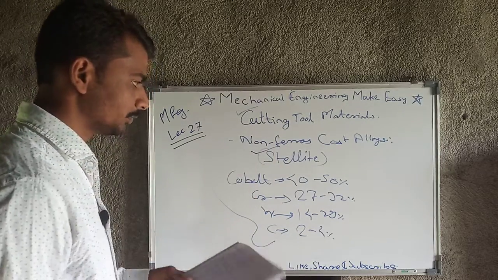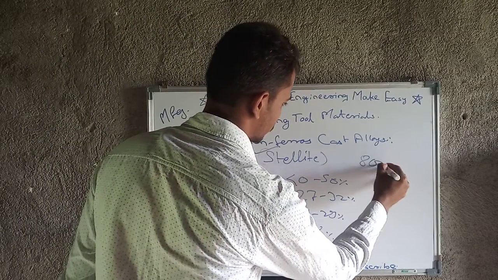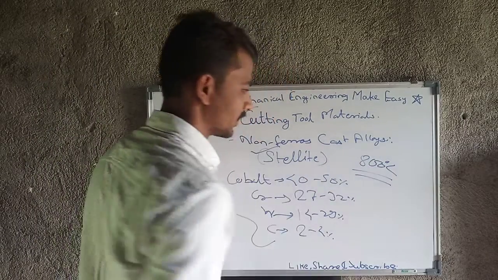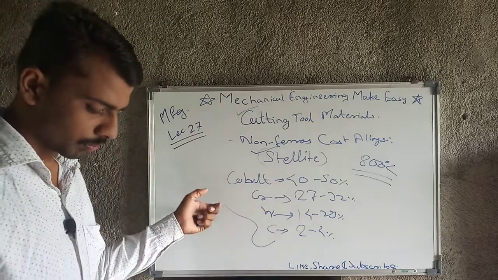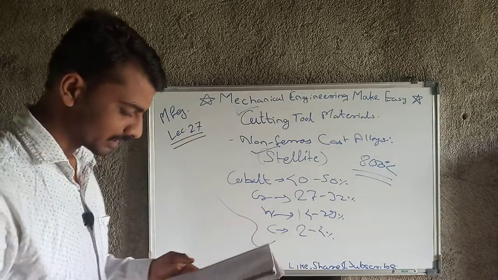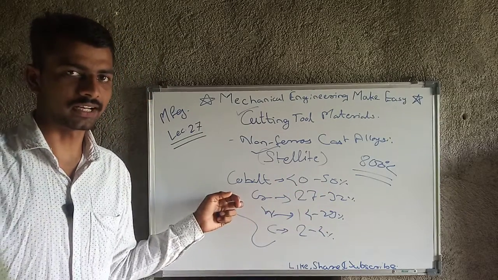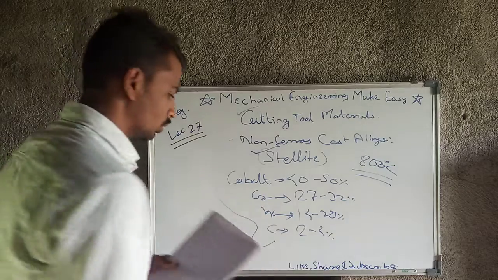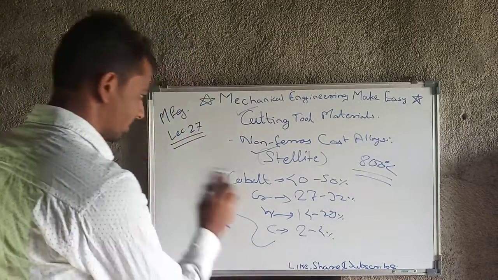It gives us a temperature range up to 800 degrees Celsius, and above 800 degrees Celsius it loses its hardness. This is also a disadvantage of this material: above 800 degrees Celsius we can't use it as a tool material. So we have to move towards the next material, which is cemented carbide.